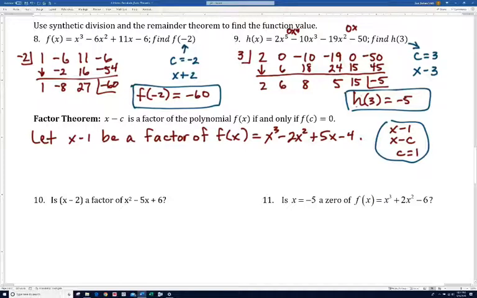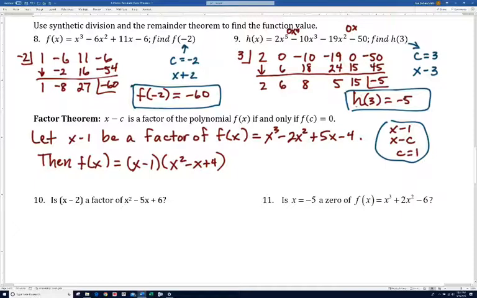When we did the synthetic division, we got a remainder of 0, and we were able to rewrite f of x in factored form. Our answer on number 7, when we did the division by x minus 1, was x squared minus x plus 4. It enables us to write the function f in factored form.